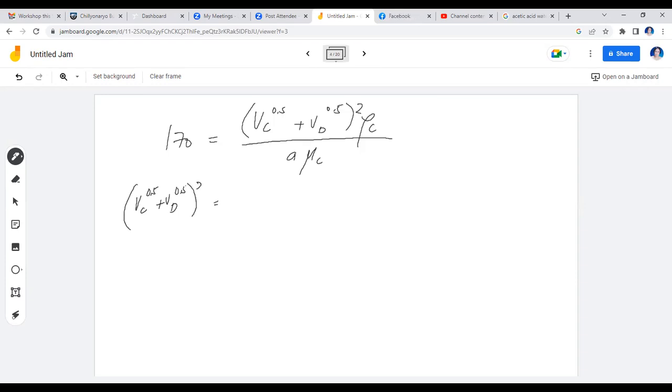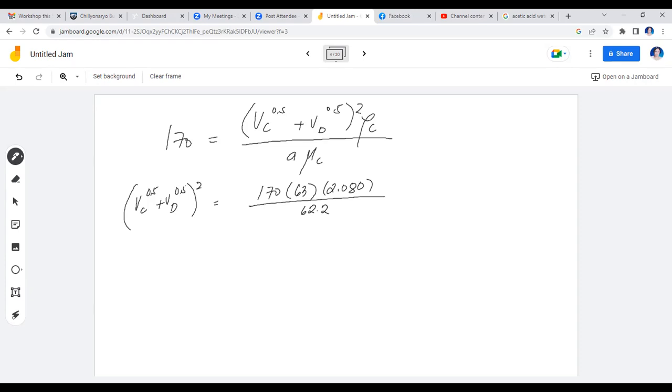So that's squared, and then we'll cross multiply everything. So you will have 170, your A is 63, your mu C is 2.080. Then we divide by the density of the continuous phase, which is 62.2.